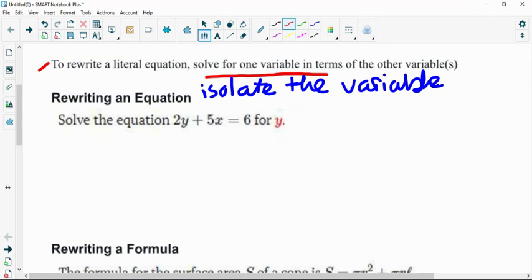Solve the equation 2y plus 5x equals 6 for y. So we are trying to get the y variable by itself. What might be helpful is to think about what's happening to y.